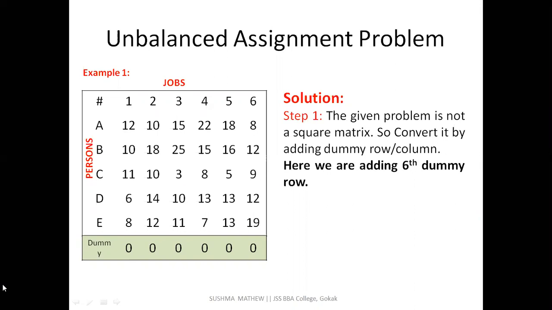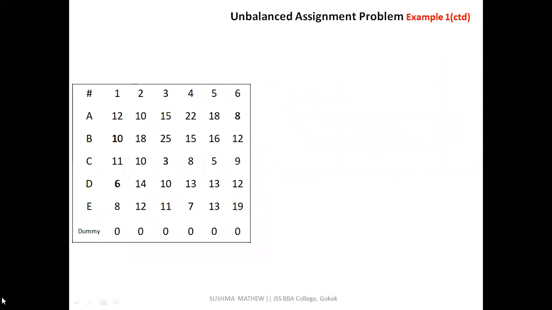There are certain problems where there could be a requirement of a dummy column. So you'll have to always count and make sure that row is equivalent to column or column is equivalent to row. My requirement was a row, so I added my row. Now the steps will remain the same, no change at all.